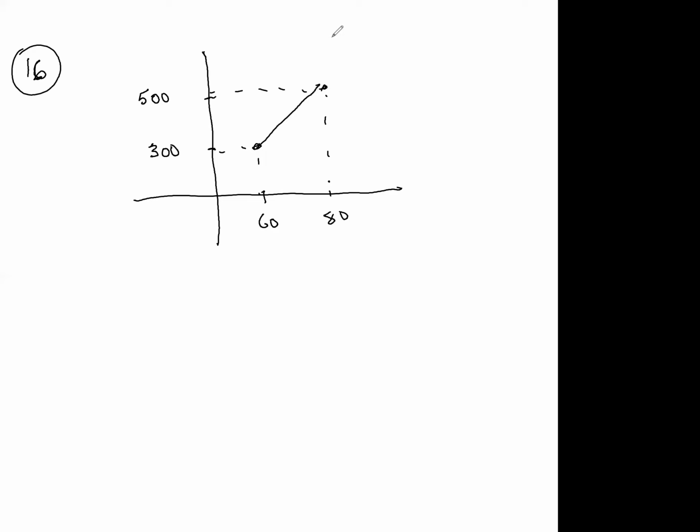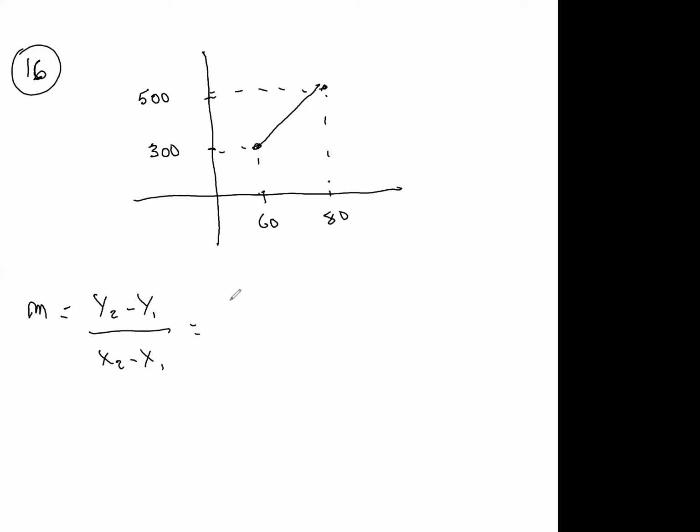The average rate, it is the slope. Remember the slope: this slope is equal y2 minus y1 over x2 minus x1.